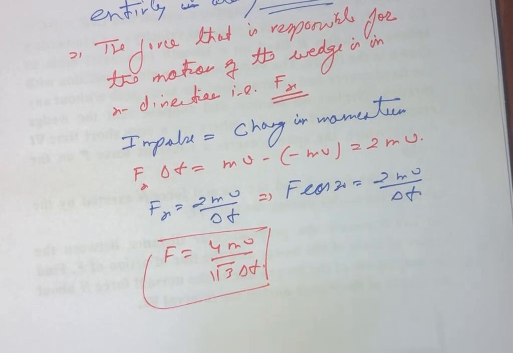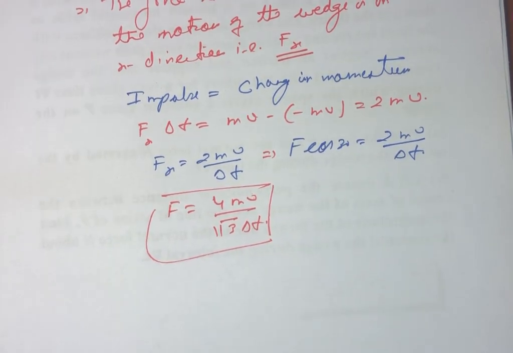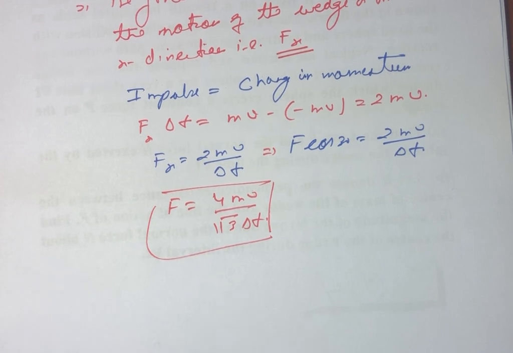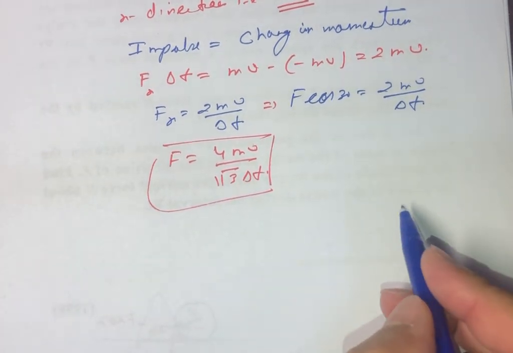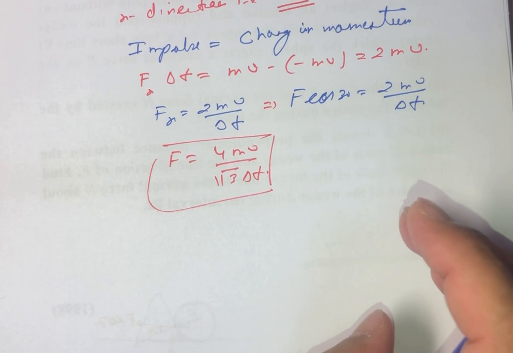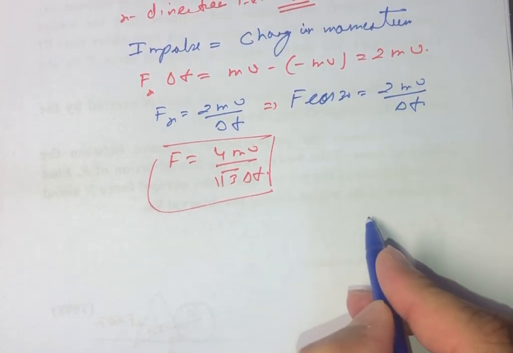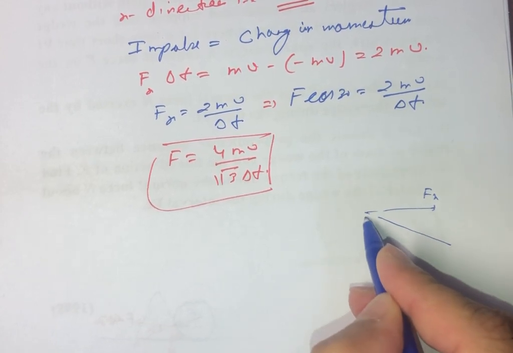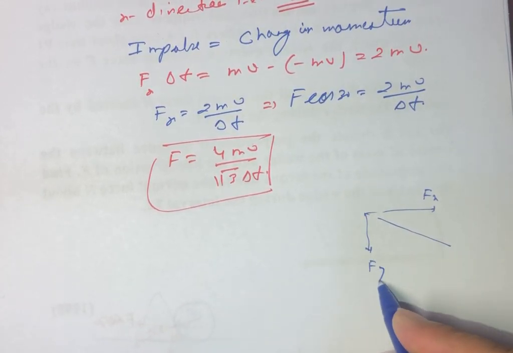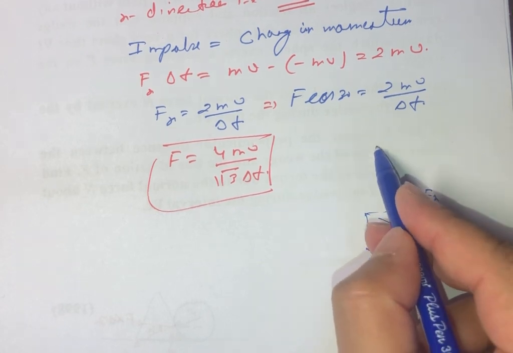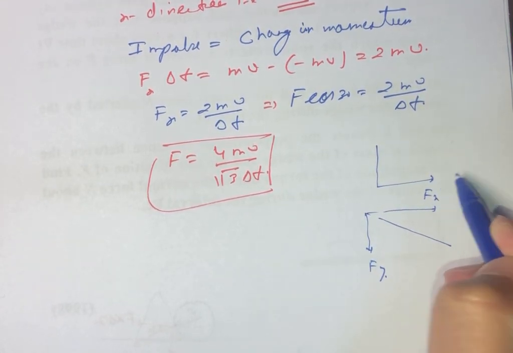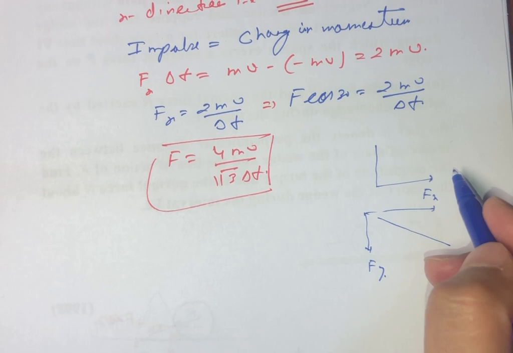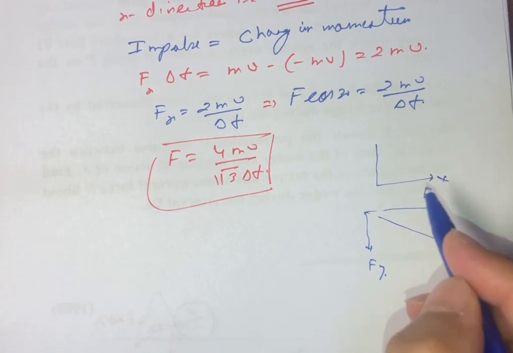Now we can say from the figure itself that force F is along the x-axis as well as the y-axis. Okay, we already drew it like this. This is our F x and this is our F y, and the coordinate is like this: x-axis, y-axis and z-axis.